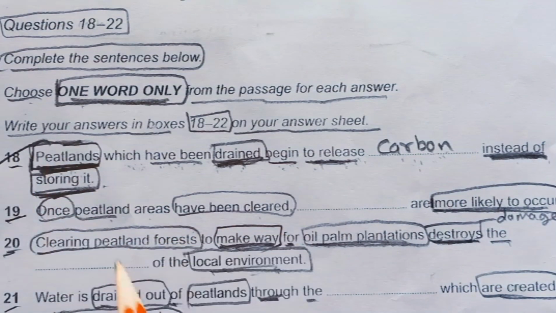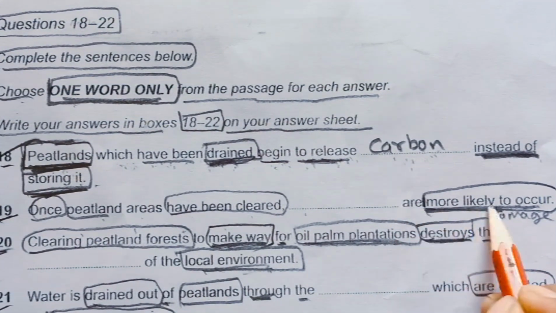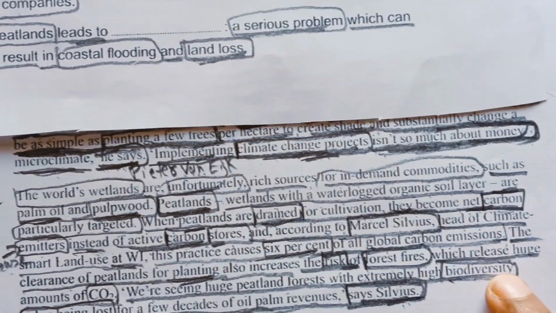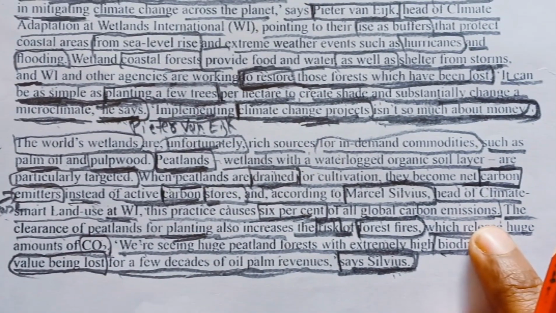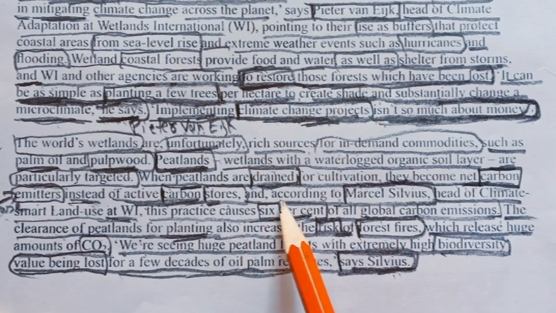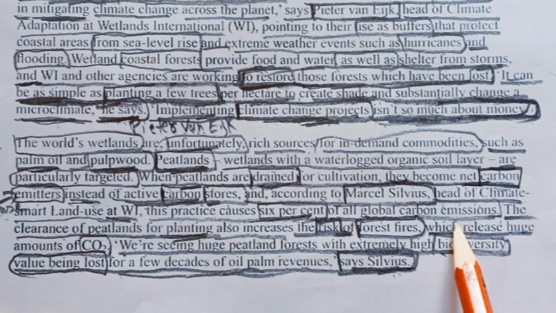So now let's move forward. Once peatland areas have been cleared, dash are more likely to occur. According to Markel Sylvius, head of climate smart land use at Wetland International, this practice causes 6% of all global emission.